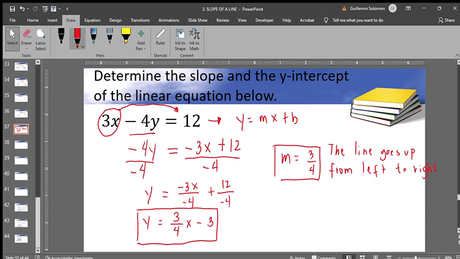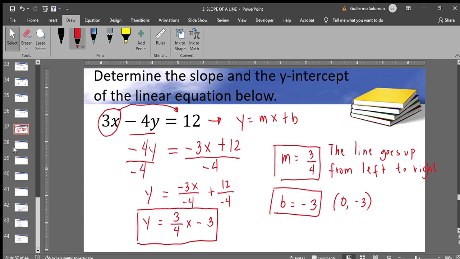Okay, since we have a positive slope, that is 3/4, the line goes up from left to right. Next, how about our y-intercept? Our y-intercept is negative 3, meaning to say, at (0, negative 3), the line or the graph will intersect at (0, negative 3). So that's how we identify our slope and y-intercept from the given linear equation.